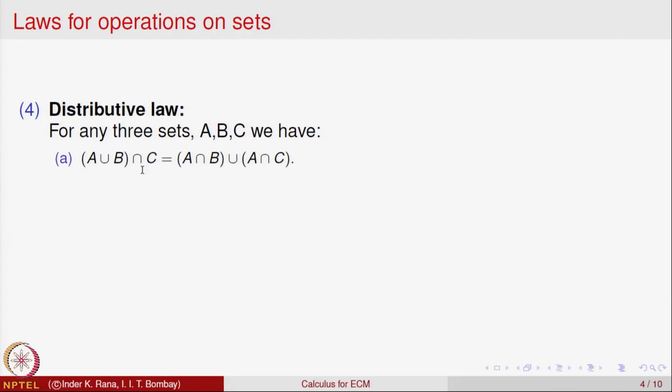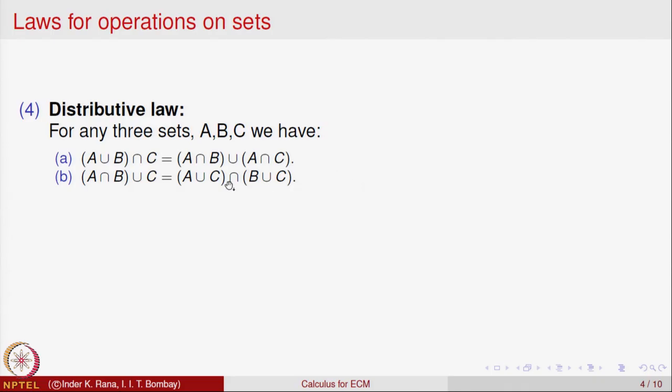So, it says this operation of intersection distributes over the union. So, (A union B) intersection C is same as (A intersection C) union (B intersection C).